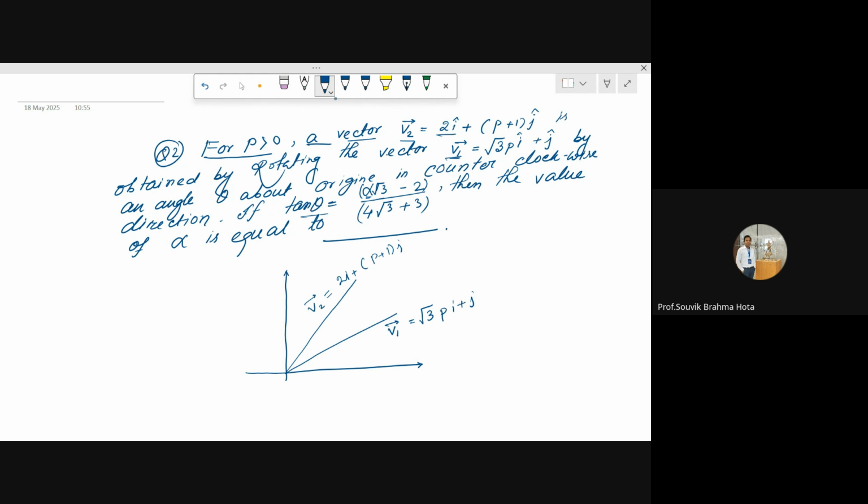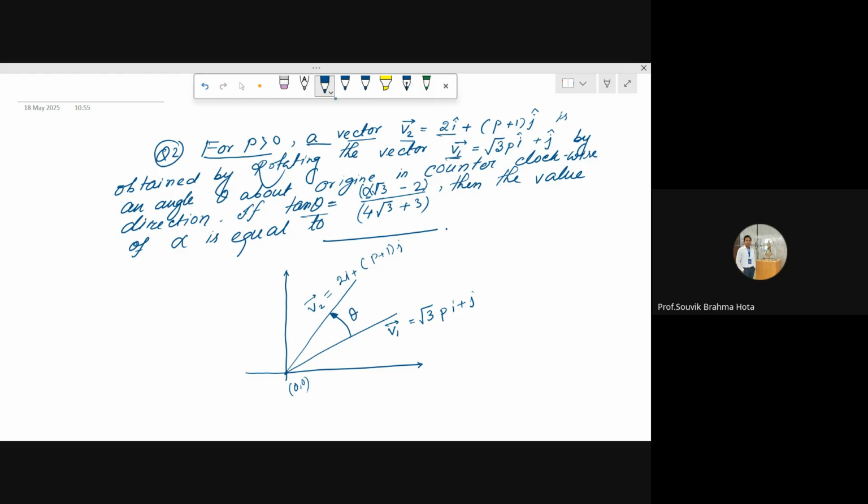Now what happens, v1 is rotated counterclockwise towards v2 by theta. This gets rotated about the center, 0 0 0, the origin.